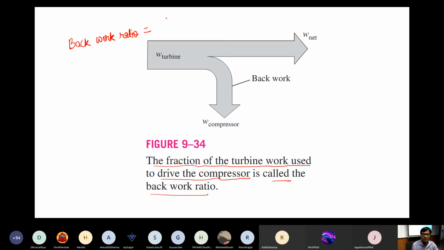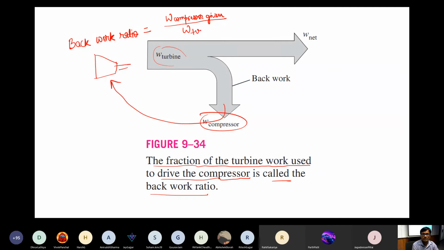So the compressor work, divided by the turbine work.